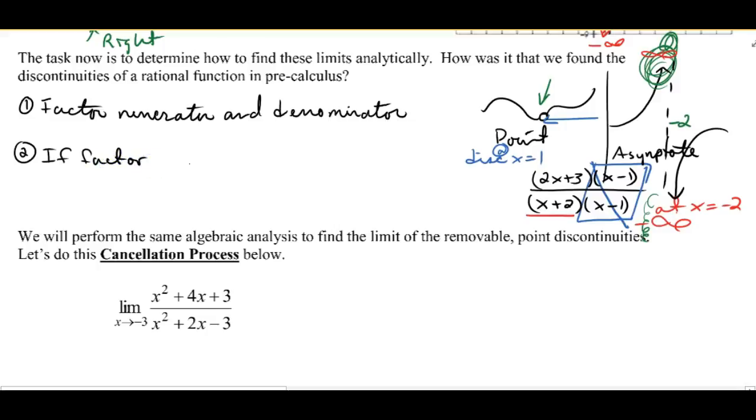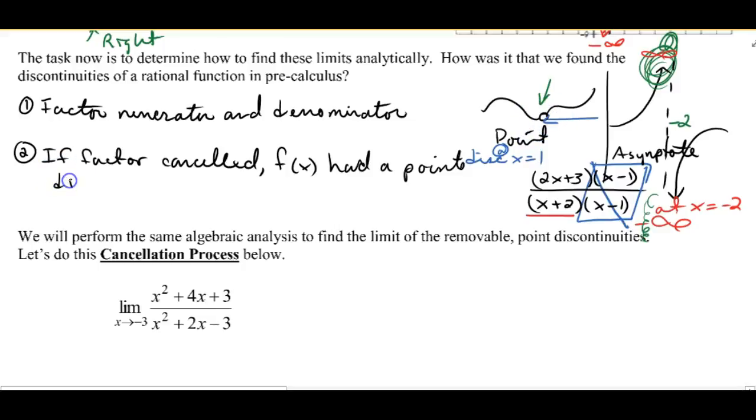If the factor will cancel, then we can say that the function had a point discontinuity. Again, this is referring to that point that will cancel out. This right here.